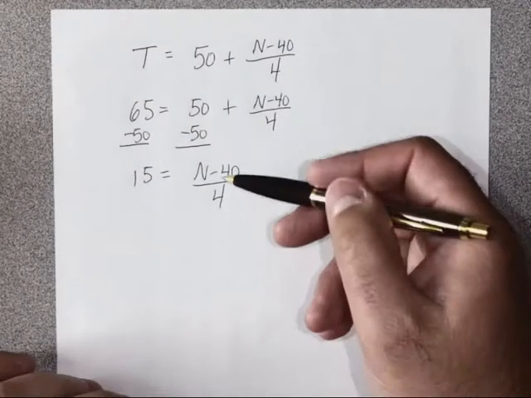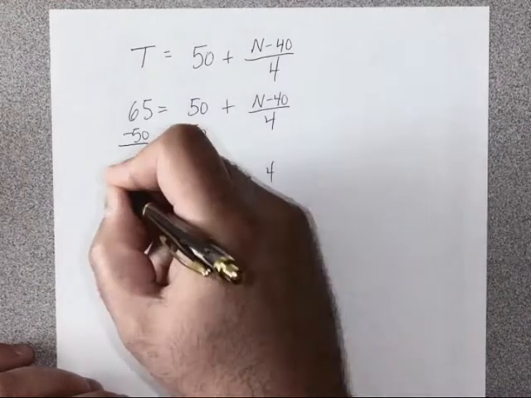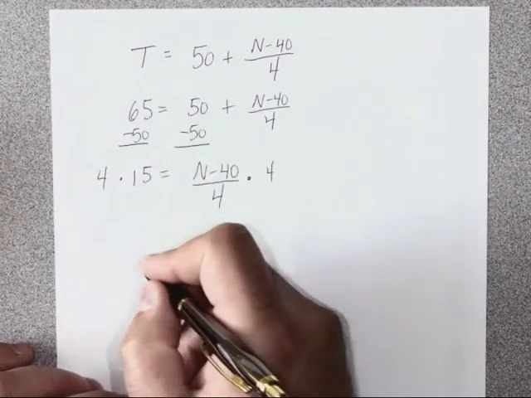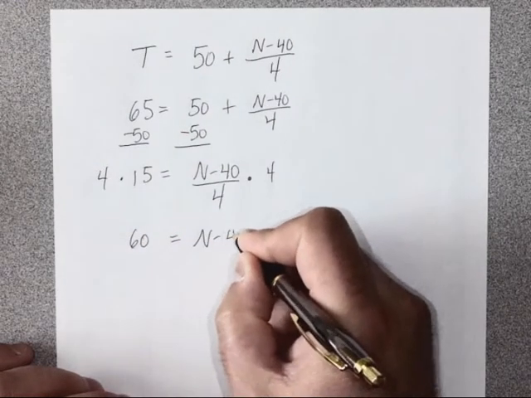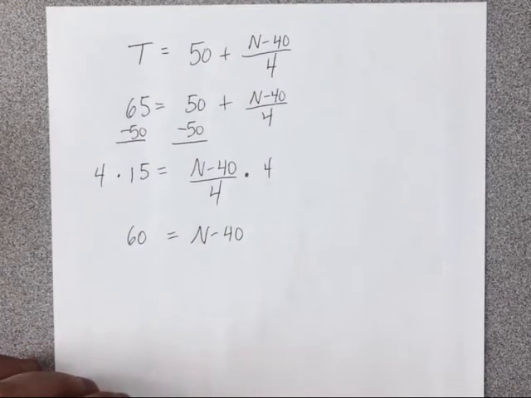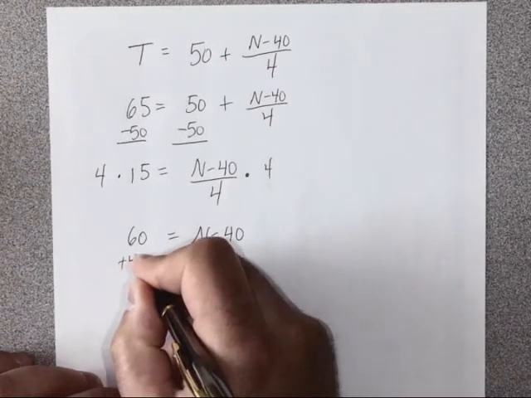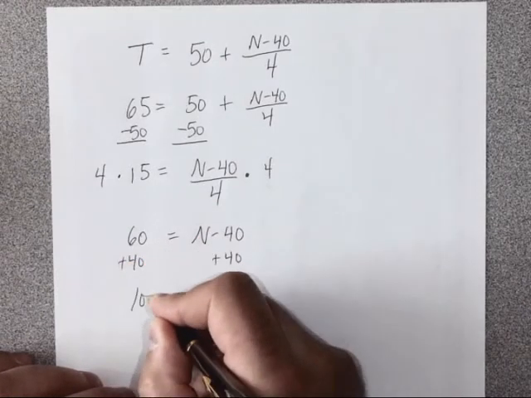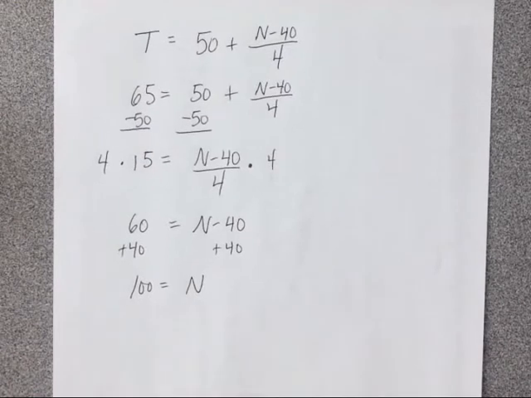And then do the opposite of the division, which is to multiply both sides by 4. So that gives me 60 equals N minus 40. And so that gets rid of the fraction, and the last step would be to add 40 to both sides. So if it was 65 degrees outside, those crickets would be chirping 100 times a minute.